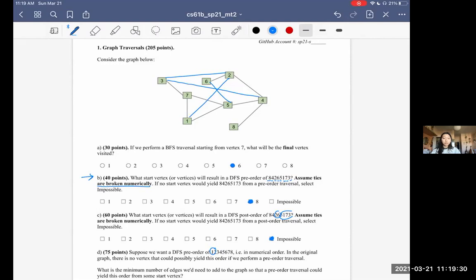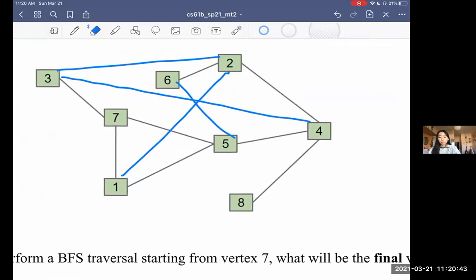Then we're going to ask ourselves, do we need to add an edge from 6 to 7? Well, what if we didn't?